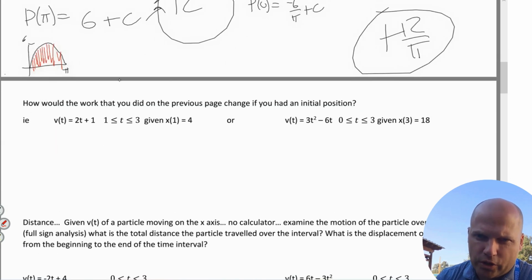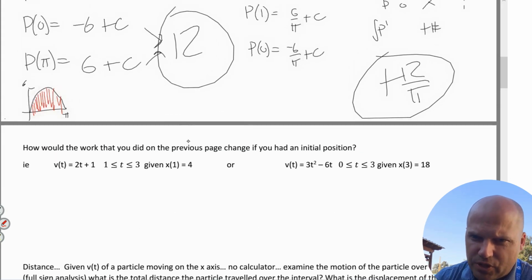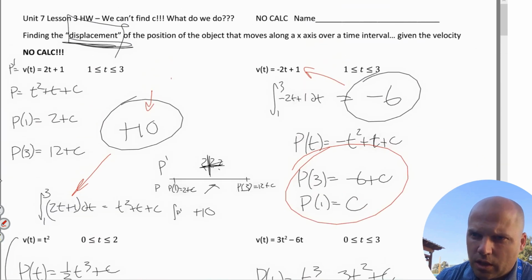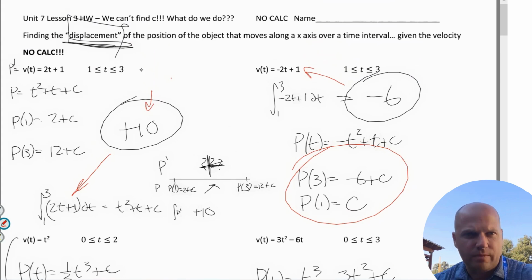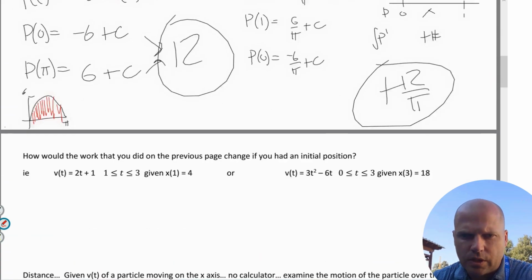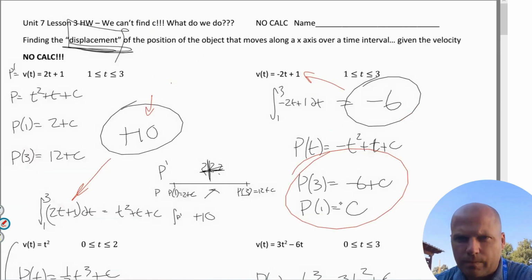How would the work change if I had an initial position? Let's go back to 2t plus 1. Let's say I know that the position at time 1 was 4.